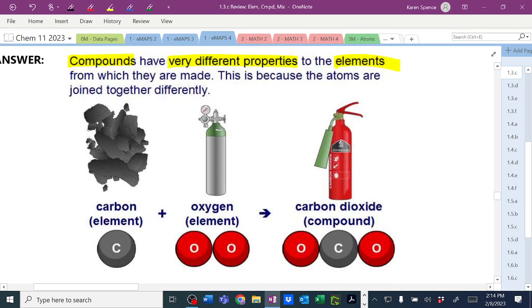Okay, and we can look at the element oxygen. What does oxygen do to a flame? Like if you put oxygen to a flame, yes? It makes it bigger. Oxygen is very flammable. It makes the flame bigger.